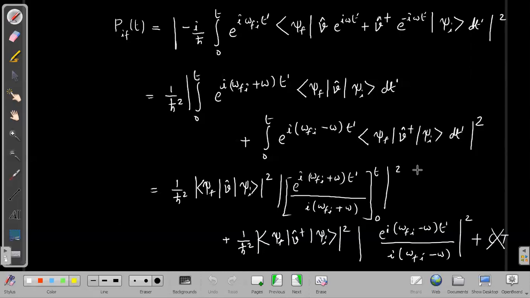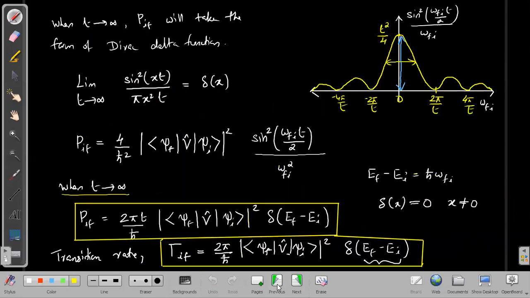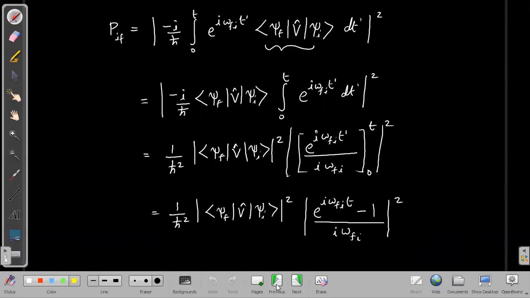Okay, so you can just refer to the derivation of the transition probability for constant perturbation. It is the same, similar result. So I will just show it here. I have the result here. This is the thing that we have done.